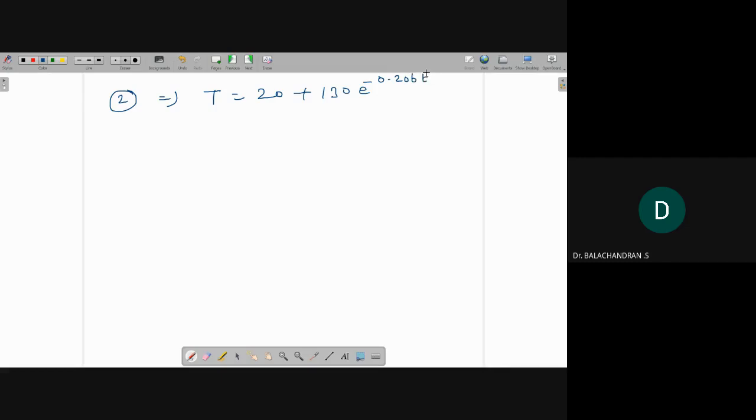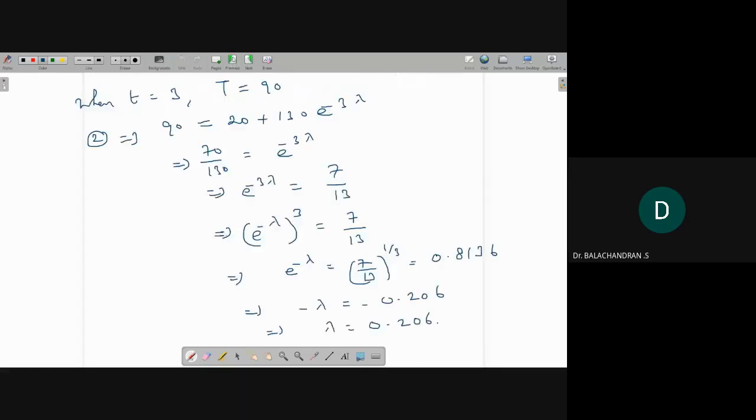Now, we need to find t when capital T equal to 20.